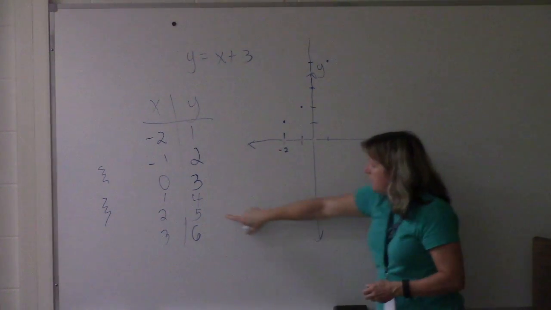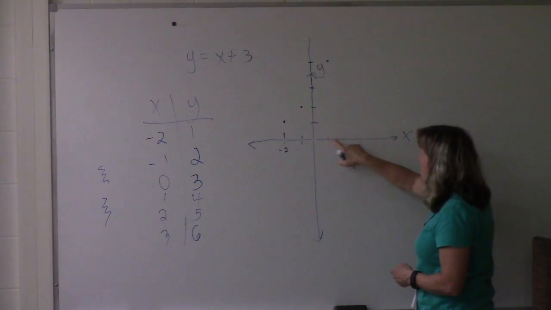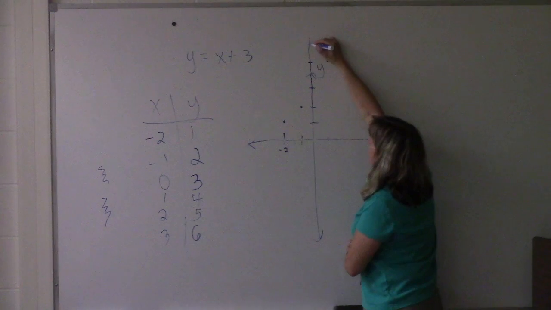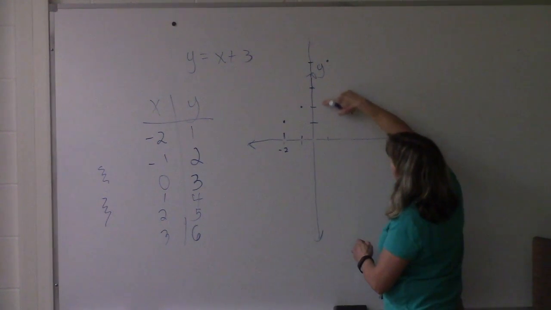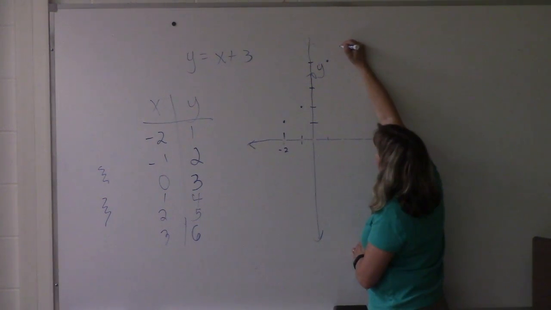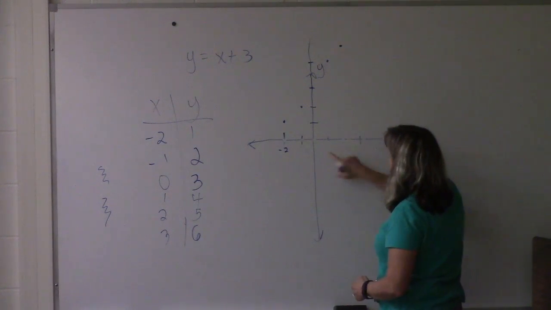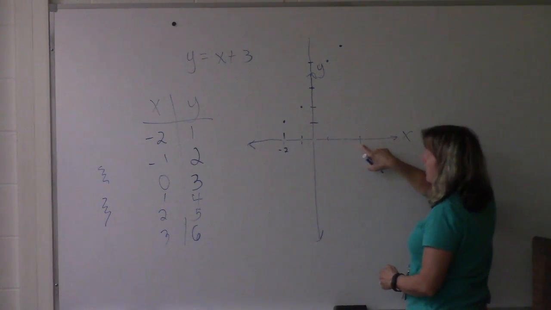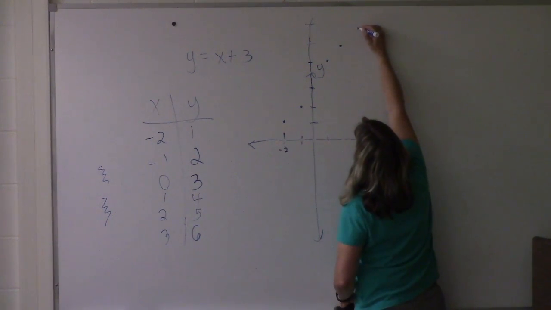Then I'm going to go 2 in the x direction, 1, 2, and then come up 1, 2, 3, 4, 5. So that's going to be here. And then 3 in the x direction, 1, 2, 3, and then up 6. So we're going to be right there.